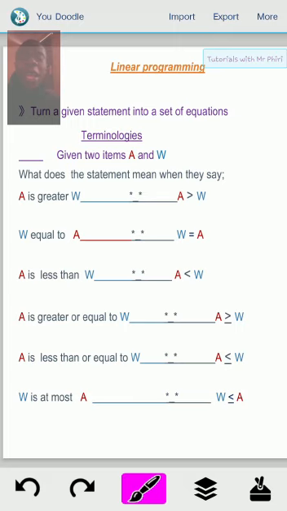One last terminology that you need to look out for is at least.